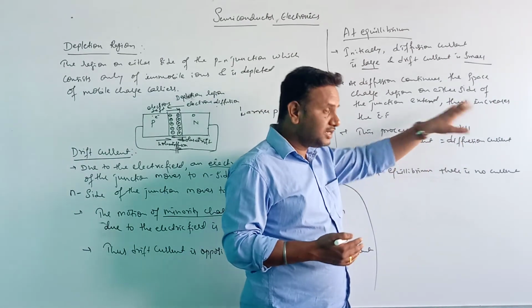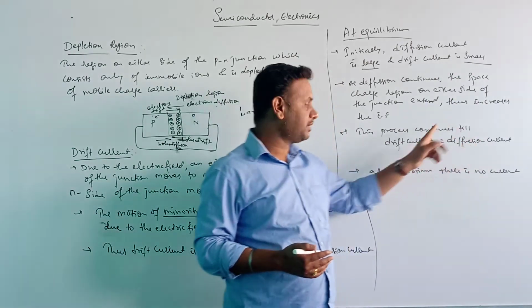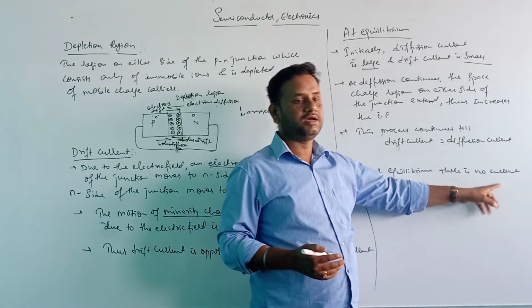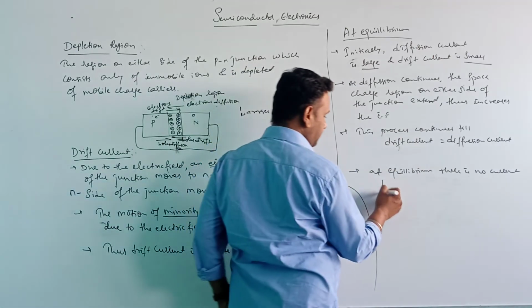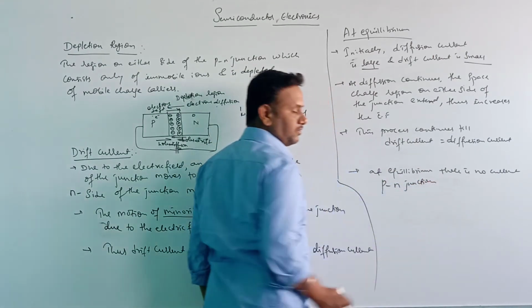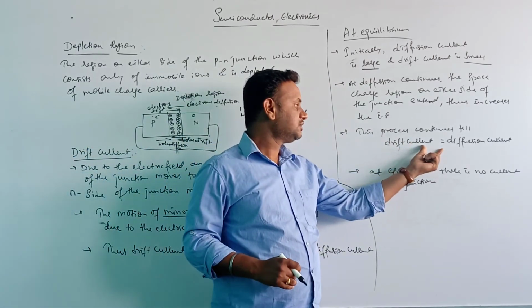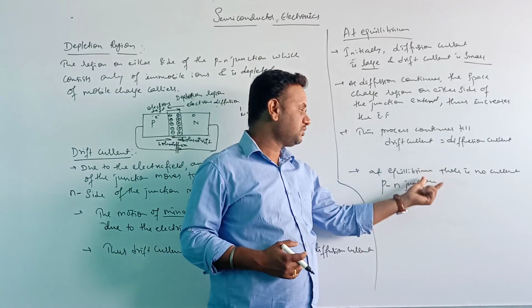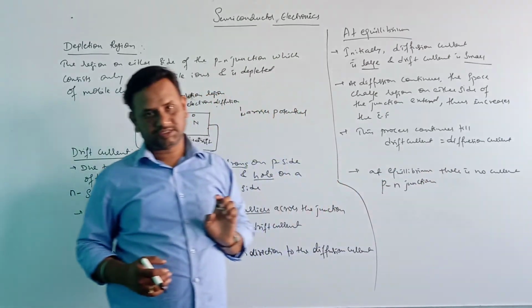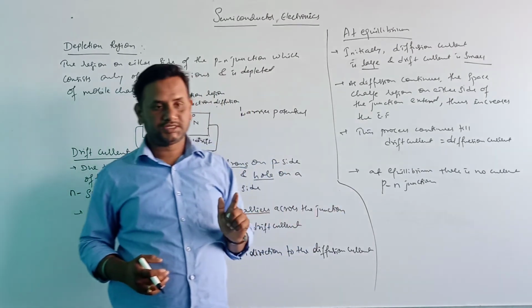At that stage there will be no current. At equilibrium state there is no current in the p-n junction. Till then there will be some current in the p-n junction.